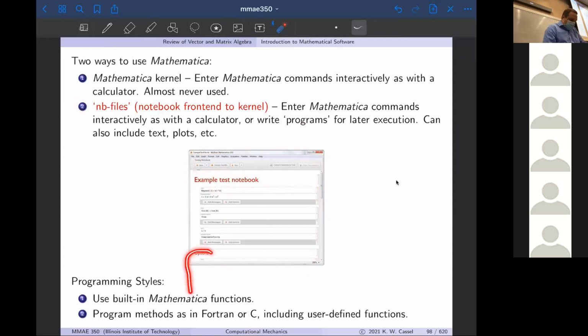So you can collapse down this subsection. You can have description. You can have the Mathematica code, so operations and commands. You can have the output. You can have plots. You can even put in equations, all in one document.